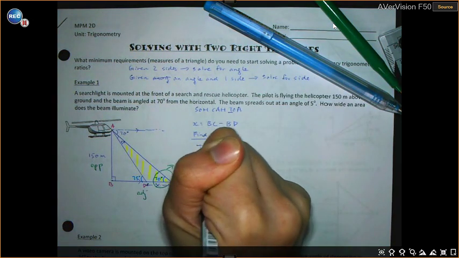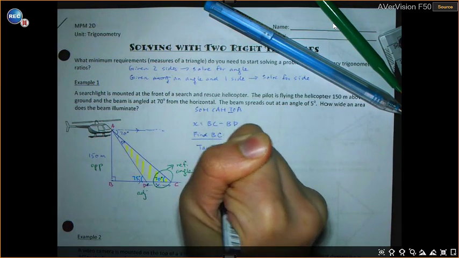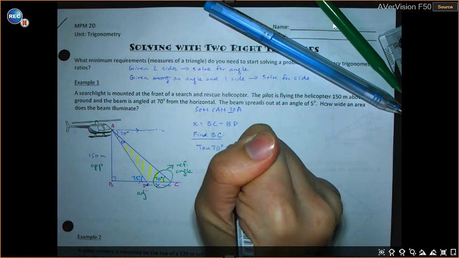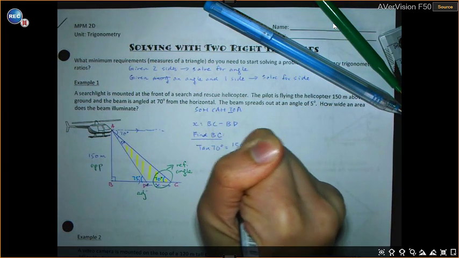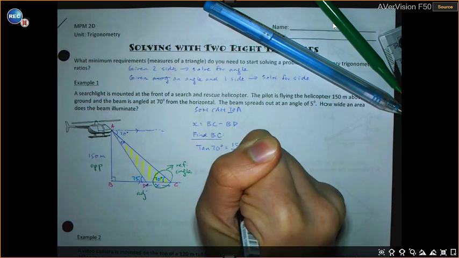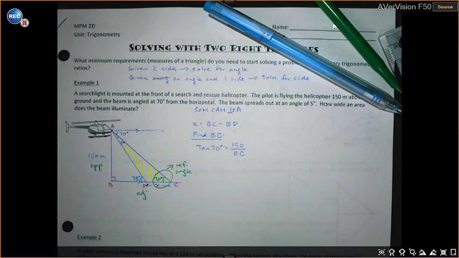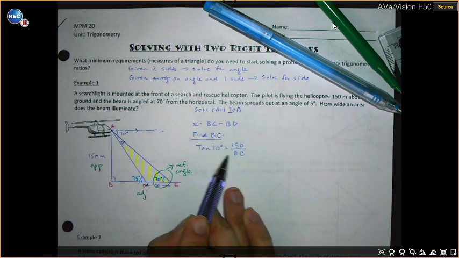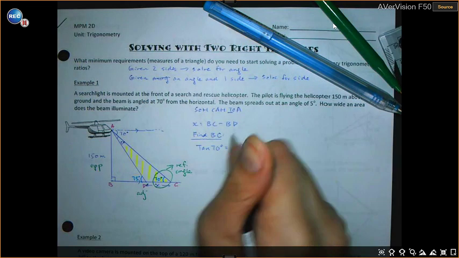So let's set up the ratio. Tan of the reference angle, 70 degrees, is opposite, 150, over adjacent, which is BC. The short way is, if the unknown is at the bottom, we can just switch these two.